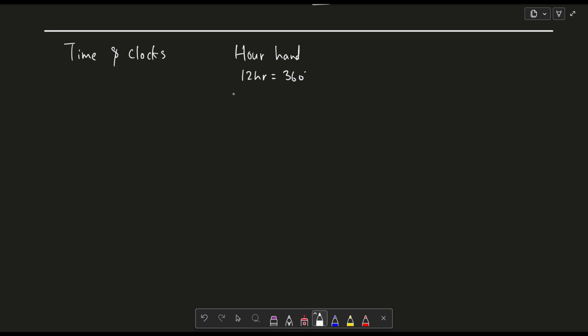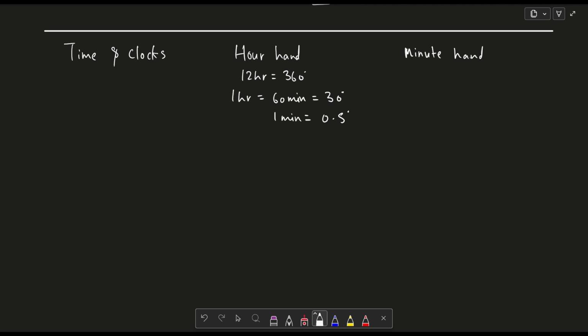So from here I can conclude that in 1 hour or in 60 minutes it covers 30 degrees, right? From here I can say in 1 minute our hour hand covers 0.5 degrees.